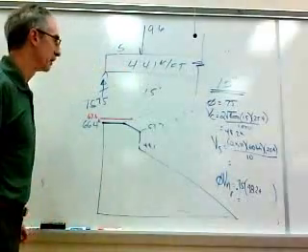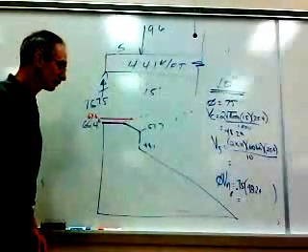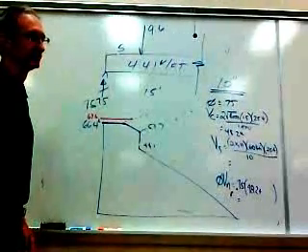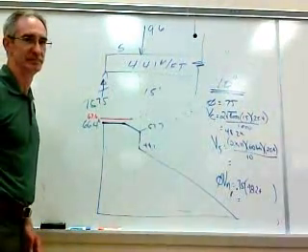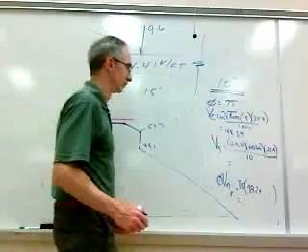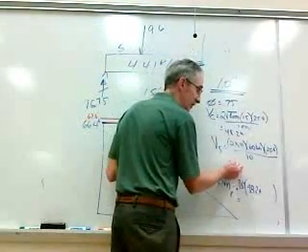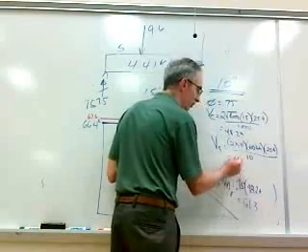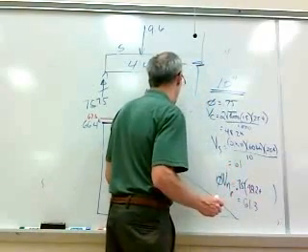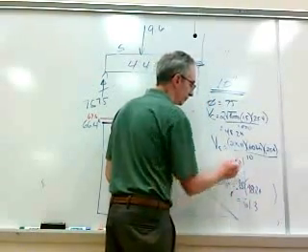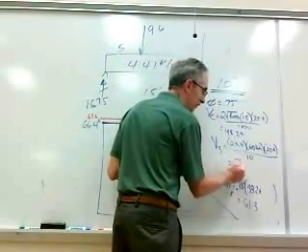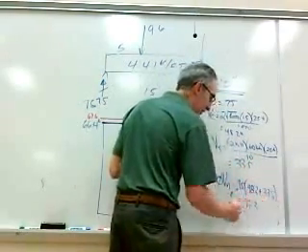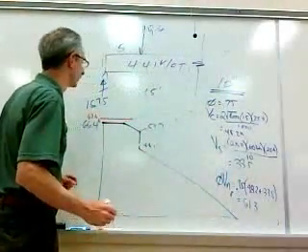So at 10-inch spacing, what do you come up with? 61.3. What's Vs? 33.5. Vs is 33.5. Now your design capacity is 61.3.